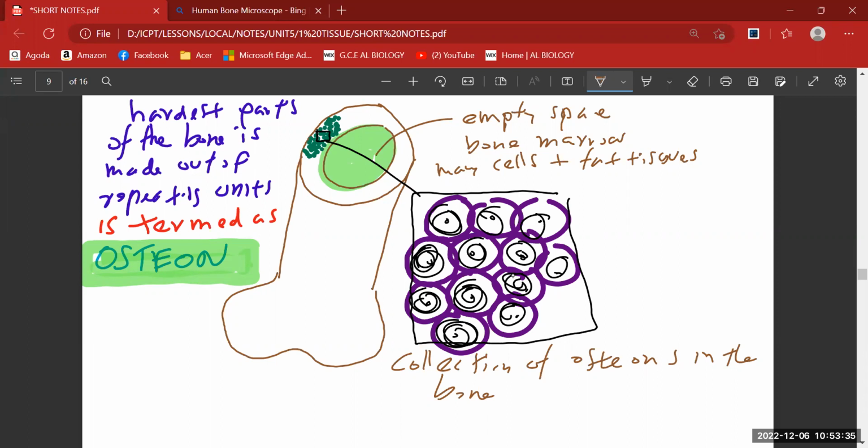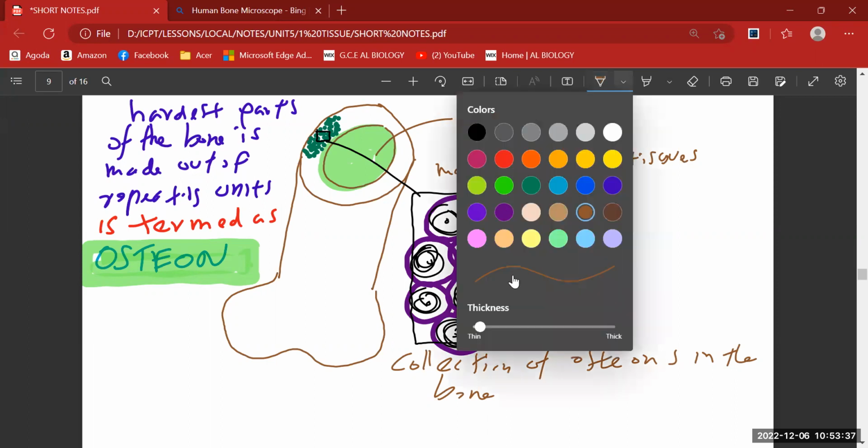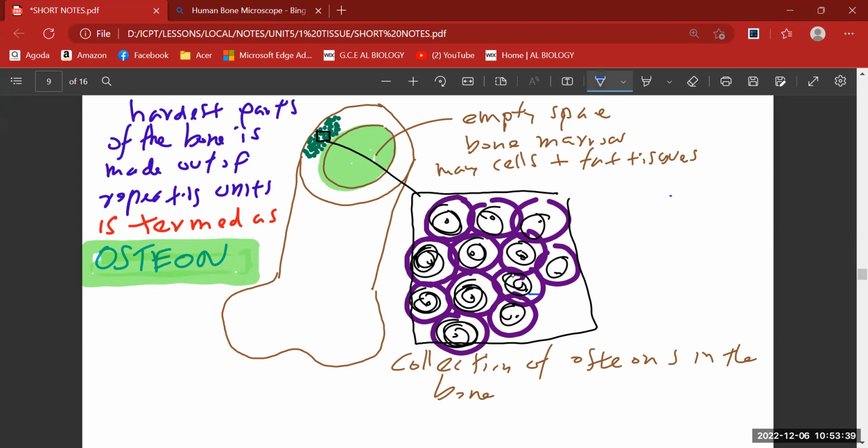Okay, next we will see how one osteon is organized, what are the things we can find in one osteon. Bones are a harder structure. They're made out of osteons. Many osteons joined together to make the hard part of the bones.